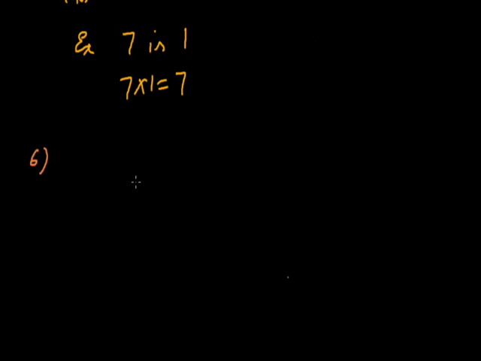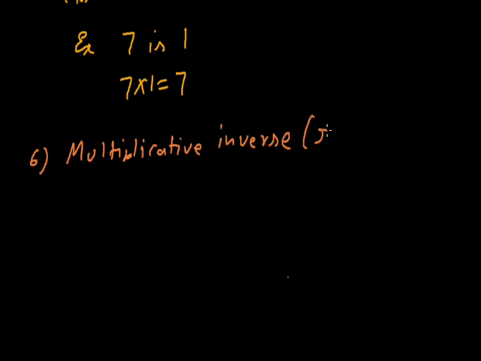Now the next property is the existence of multiplicative inverse. Multiplicative inverse, or simply we can say the reciprocal. For example, if I multiply a by b with its reciprocal, I get the answer 1.